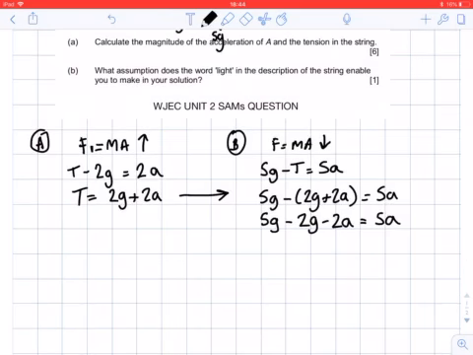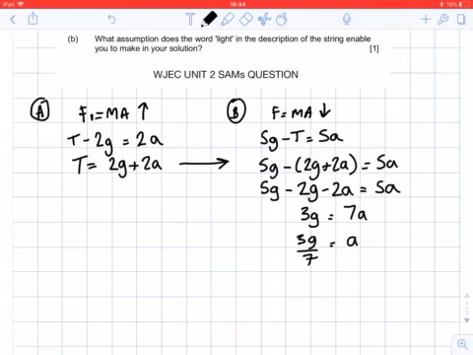Then we gather our g's and our a's, so we get 3g is equal to 7a. So 3g over 7 is equal to a. That would be our acceleration: 3g over 7 m s to the minus 2. Again, you could put that into your calculator and get an answer to 1 or 2 decimal places as required.